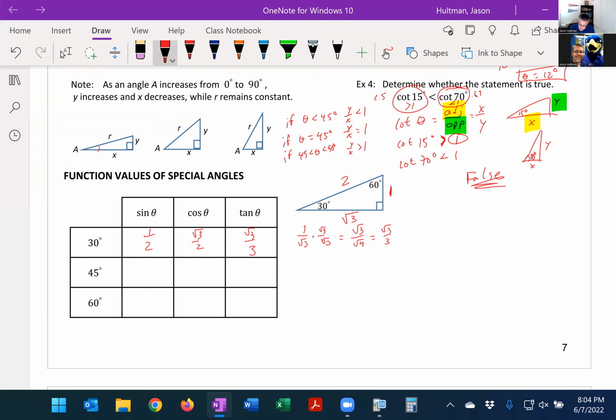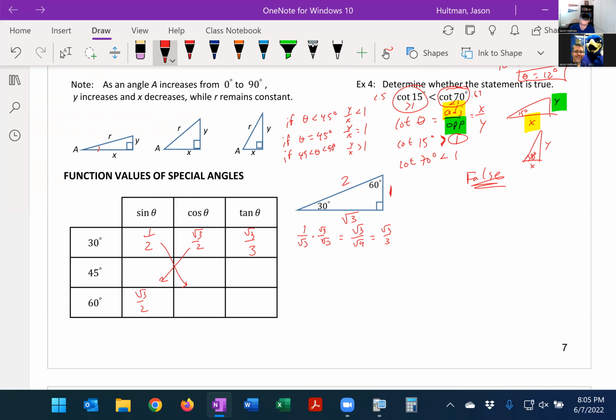Okay, what about 60 degrees? Let's change the angle that we're looking at. For the sine, that's opposite over hypotenuse, so that's radical 3 over 2, or what cosine was in the previous angle. The sine of the complement is the cosine, so we just swap these.